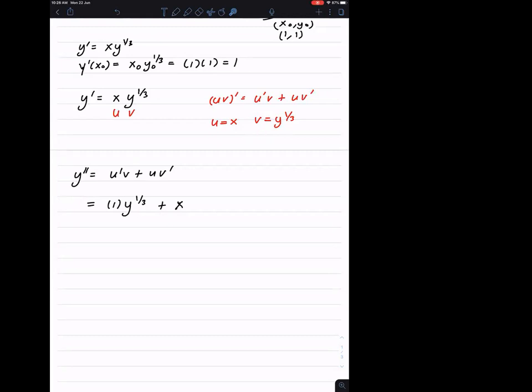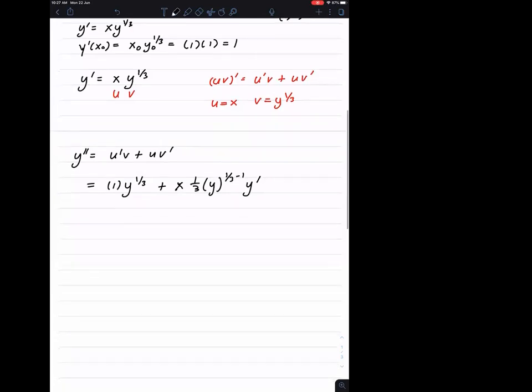The derivative is 1/3 y to the 1/3 minus 1, and then multiply by the derivative of what is inside the parentheses, which is just y prime.